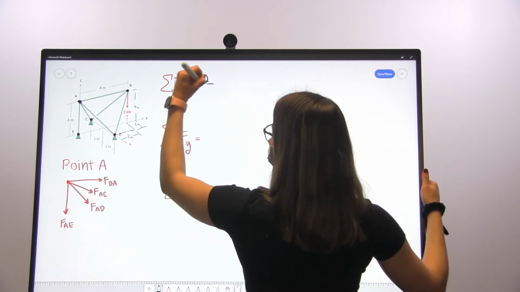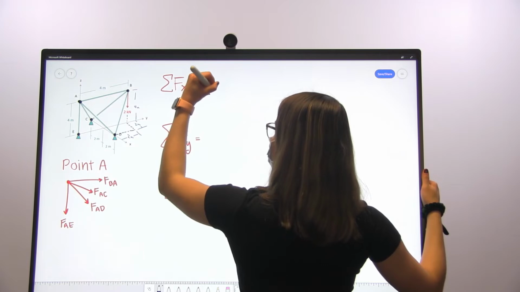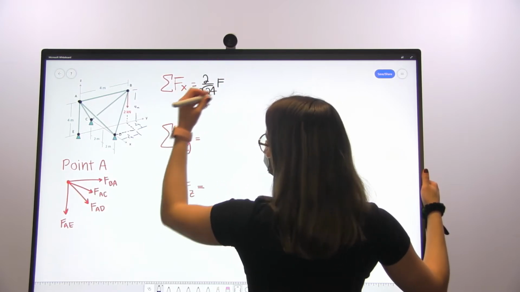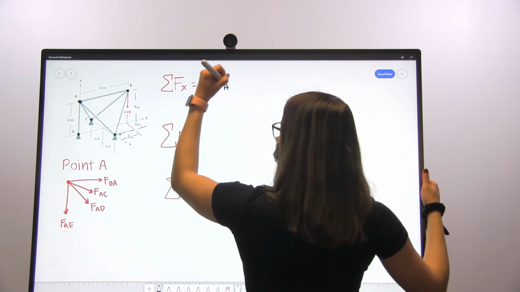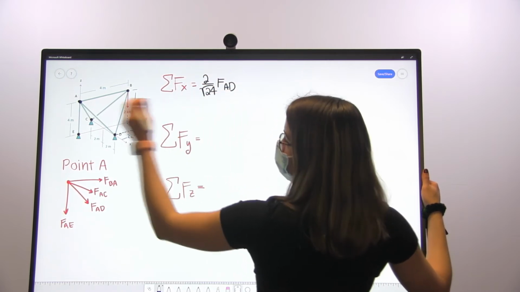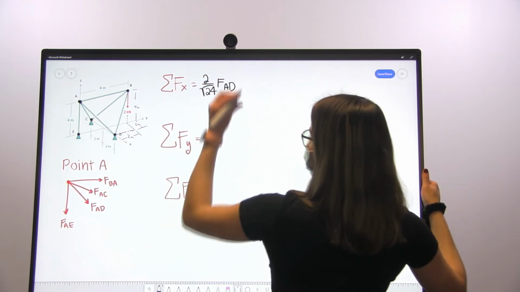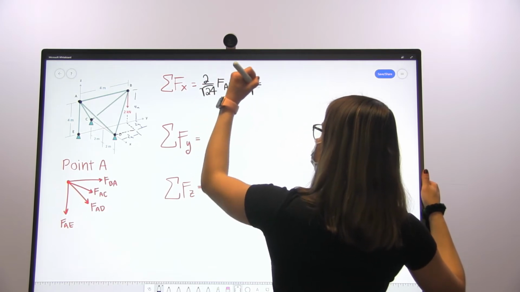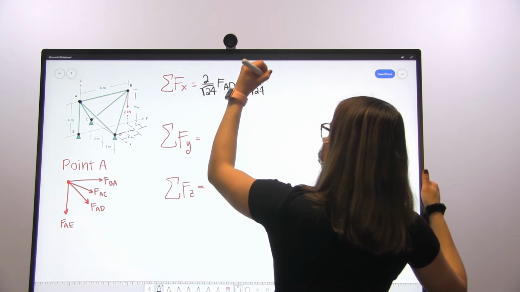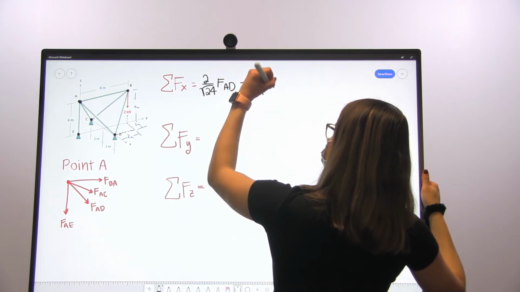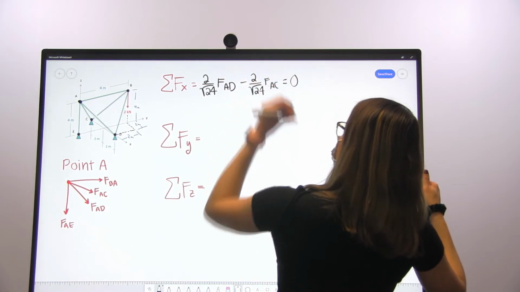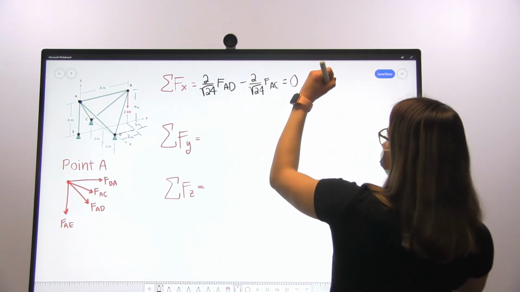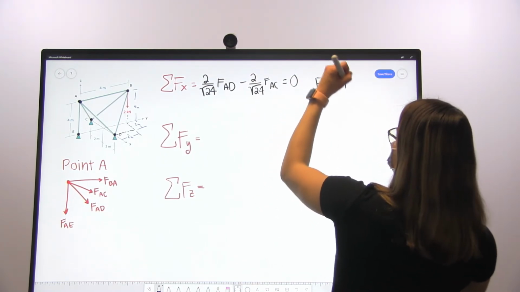That's 2 over square root of 24, again just a fraction of the forces that are going in that direction, force AD, and then force AC is going in the negative x direction. So in this case, again, force AD is equal to force AC.